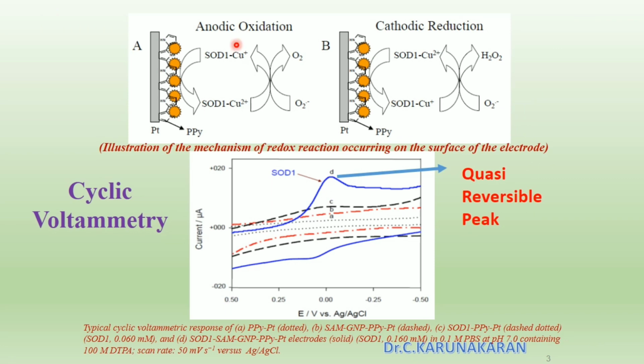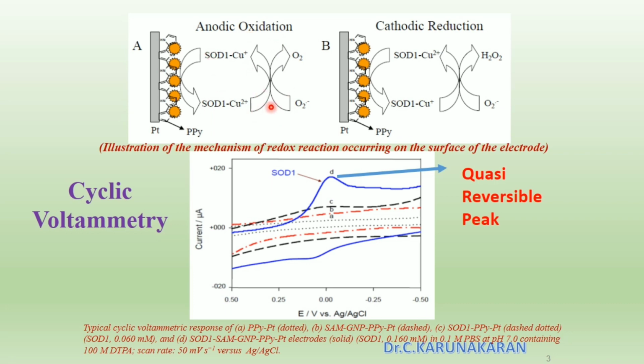In this, I have shown the working mechanism of the superoxide radical biosensor using SOD1 enzyme. This is an enzymatic biosensor, because we have used the enzyme as the biorecognition element.